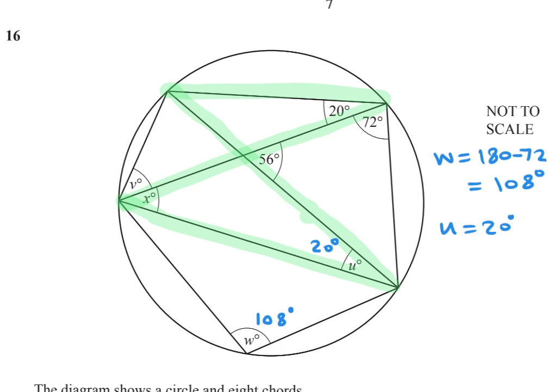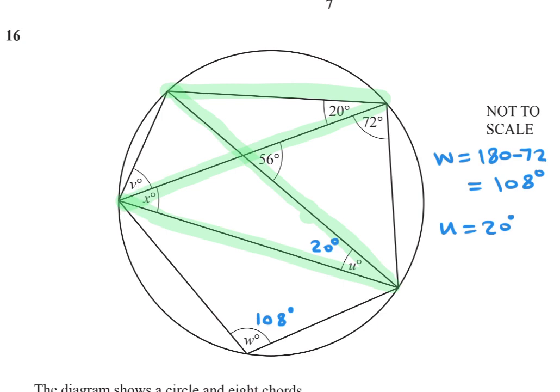Which one can we find first, v or x? X. Yes. So we take 56 and do 180 minus 56 to get the other angle in the triangle, and it's 124. Then we add u, which is 20, so it's 144.